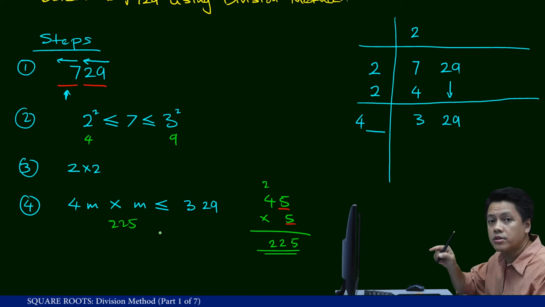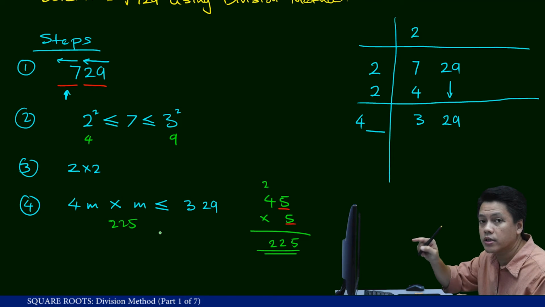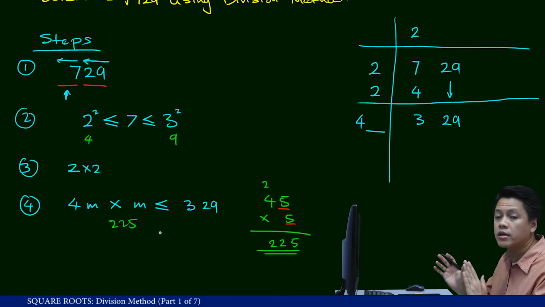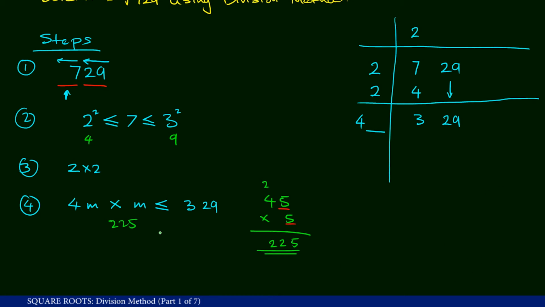We are going to choose the largest digit for M so that when you multiply, it is just less than or equal to 329.